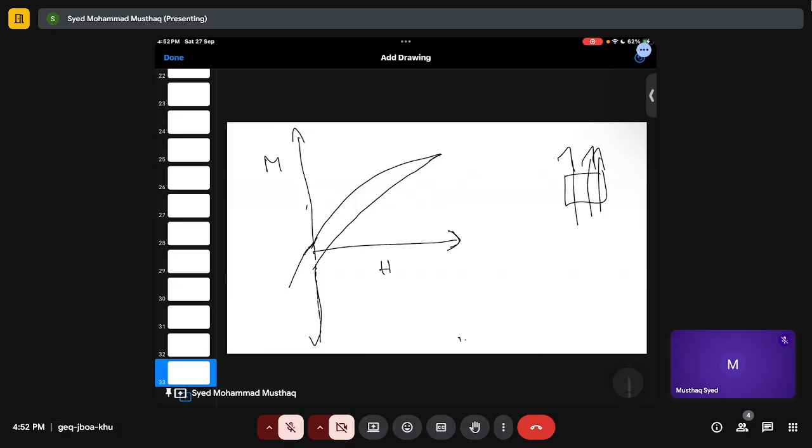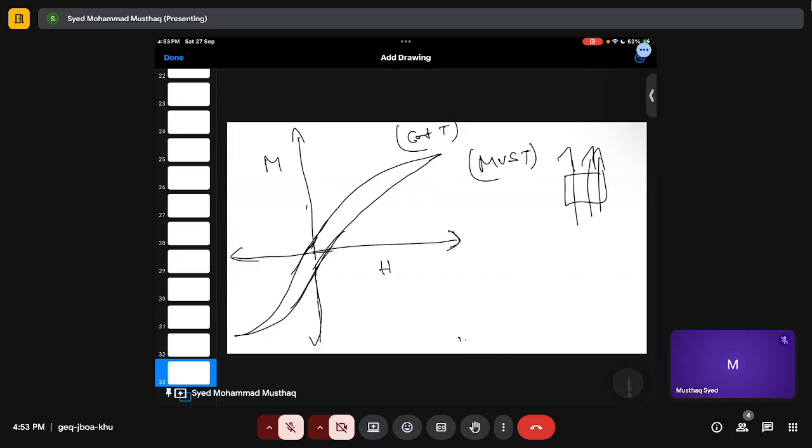So this is called the MH curve. This is what we measure whenever we do magnetic testing. It is done at constant temperature. There is also another thing, which is M versus T, which is not important for now. So the magnetization versus applied magnetic field will give you the curve.